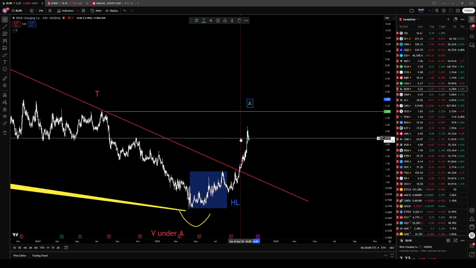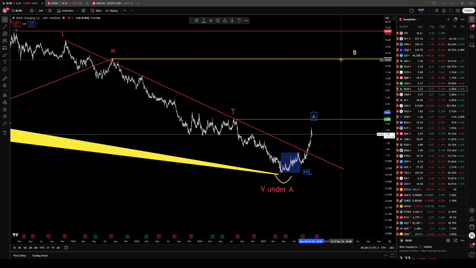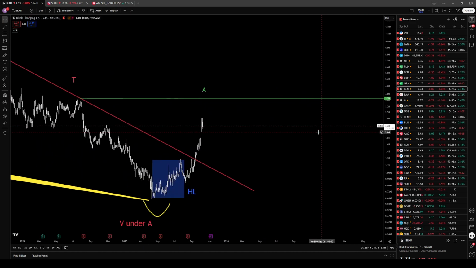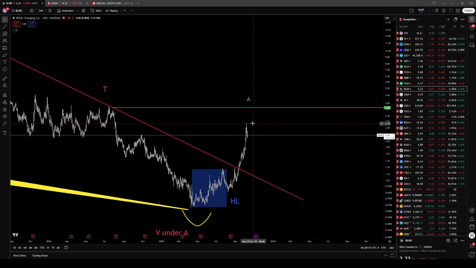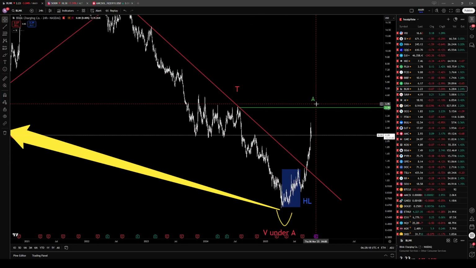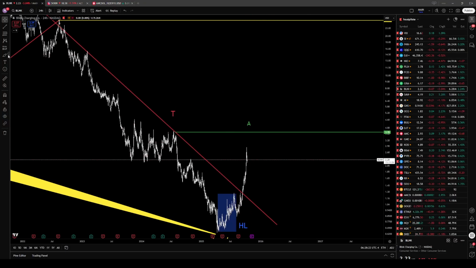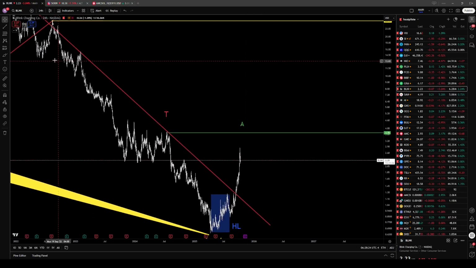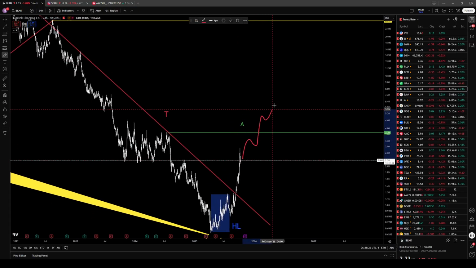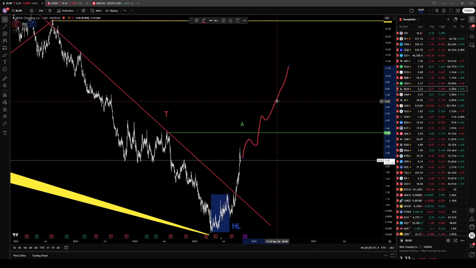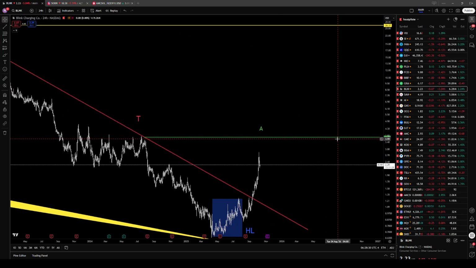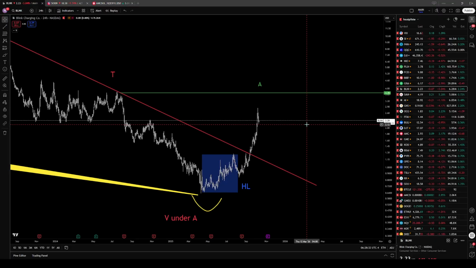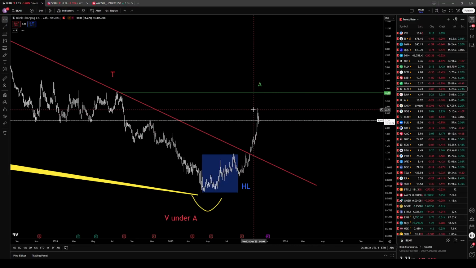In my opinion, for the tracking, we come up here for sure because we go to B. But the only question is, if this was your A peak, you don't get a bigger pullback here. You just make your run to B. Right now, I said I sold my position here and left some runners.